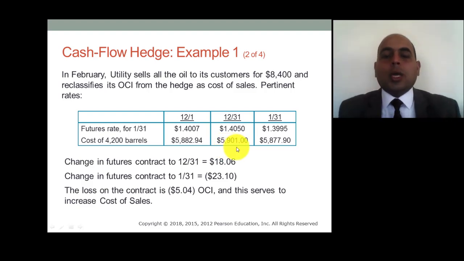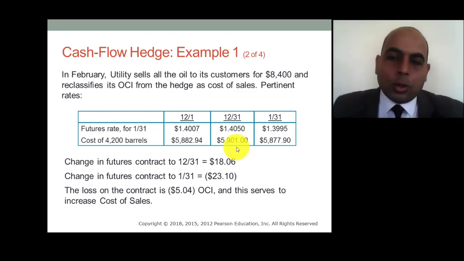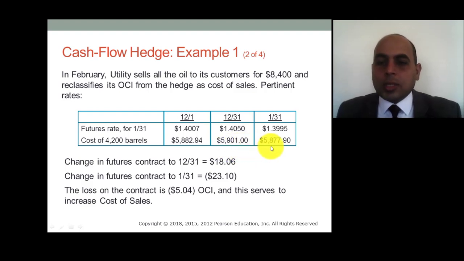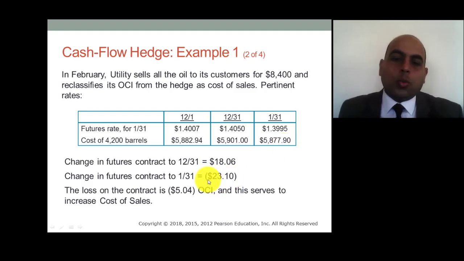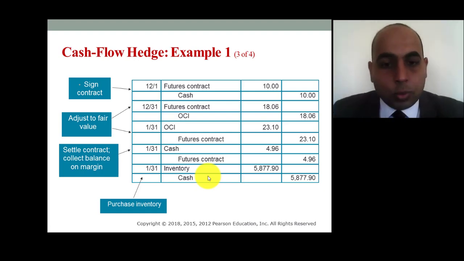So here we are talking about a decline in the value of the acquired gallons, or the intent to acquire gallons. So here we are talking about a loss, from 5,901 to 5,877.9, which is $23.1. So we have to record it.